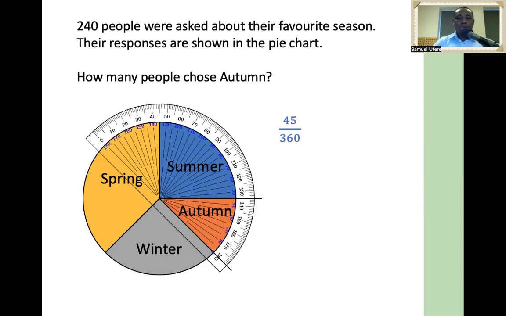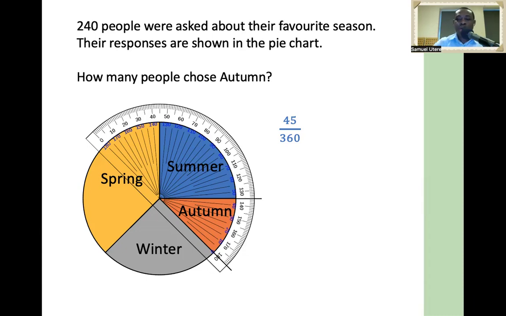When we do that, we would have 45 degrees out of 360. Why? We have 360 as the total angle in a circle. Remember when we worked with pie charts in our previous lesson, if we know the proportion, which is represented by the fraction of that part of the pie chart, and we know the total number that the pie chart represents, we can answer lots of questions.